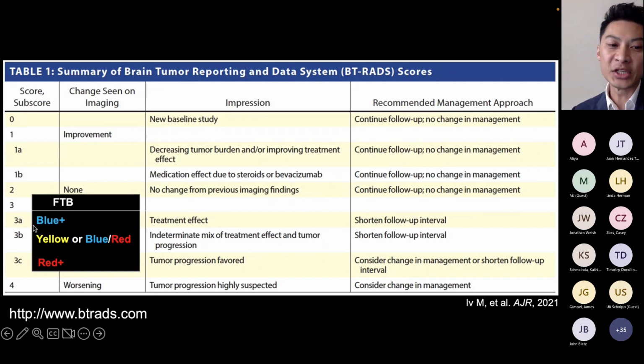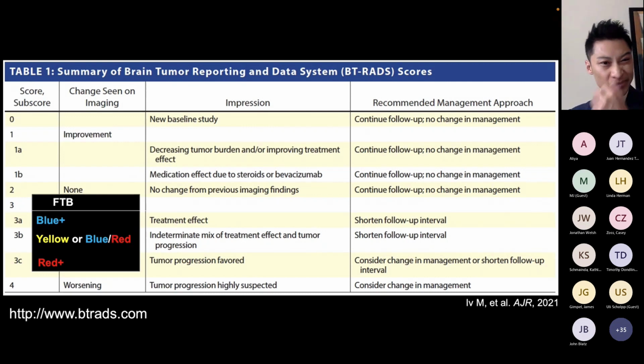Whereas if you have a lesion that's predominantly blue voxels, it tends to be treatment effect. If it's predominantly red voxels, it tends to be tumor progression. If it's yellow or a mix of blue and red, then you can have admixture or just you don't quite know what's going on. And that's really the uncertainty that's built into our interpretation, which is nice because obviously medicine, and which includes radiology, is not black and white.